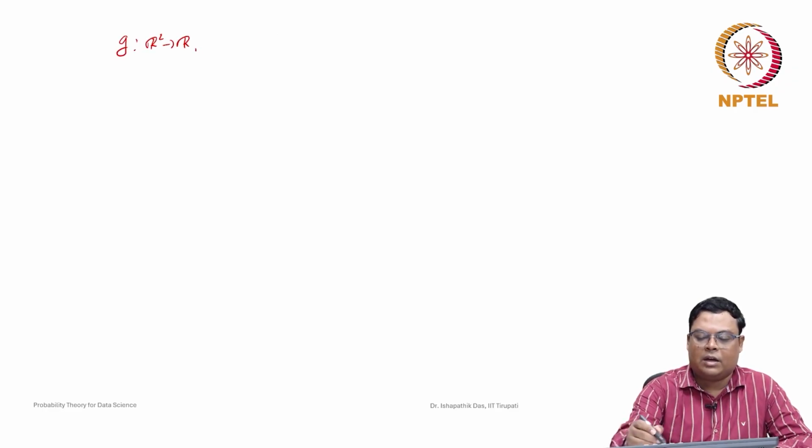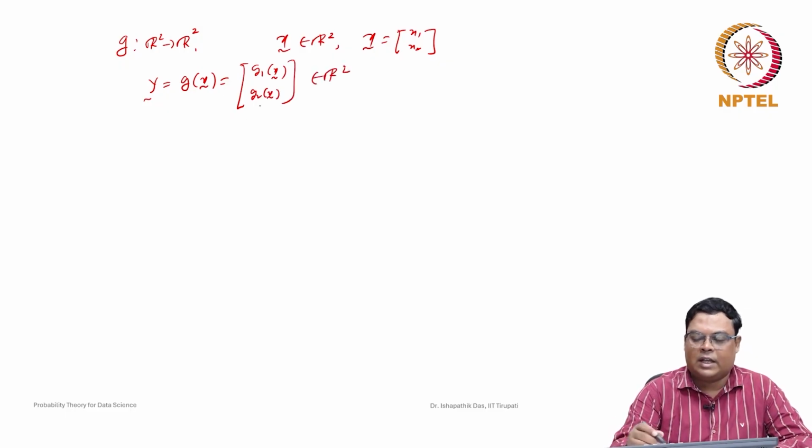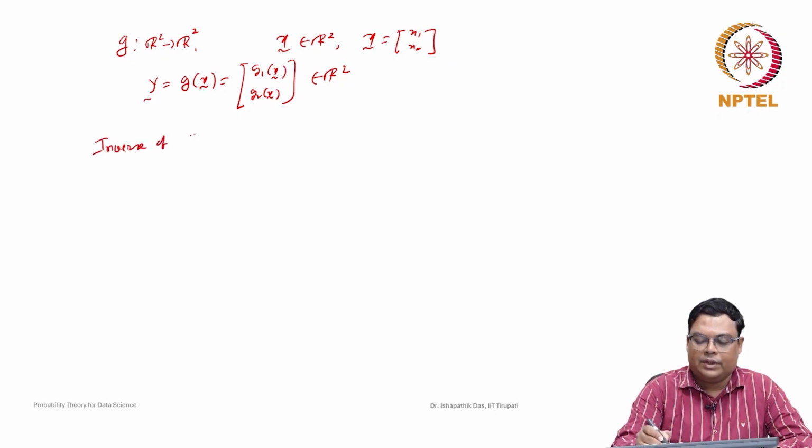If you consider any x belonging to R2, that is a vector x1, x2, and y is equal to g of x, with components g1 of x and g2 of x, belonging to R2, satisfying the condition that the inverse of g exists.